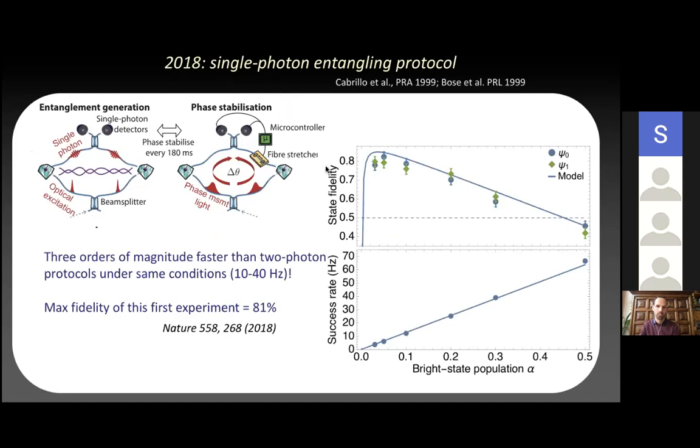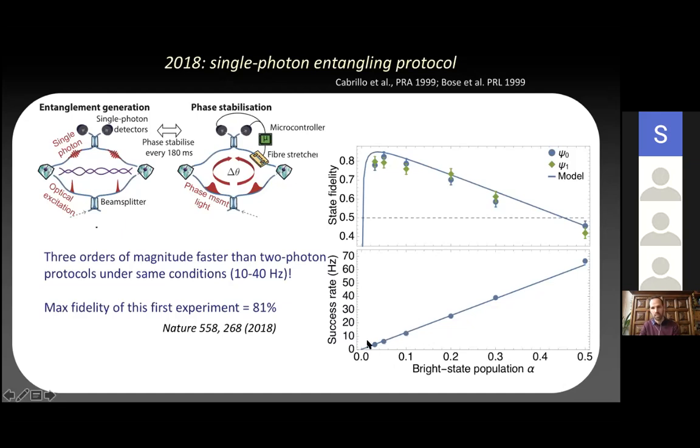And we could show indeed, what you see here is state fidelities of entangled states that we could make, and success rate as a function of the bright state population. So actually the probability that the NV center would emit a photon. And you see there's some optimal point here at which we reach 81% fidelity already in this first experiment.